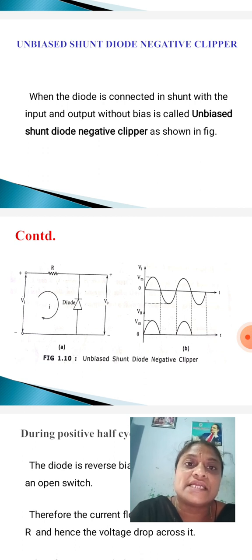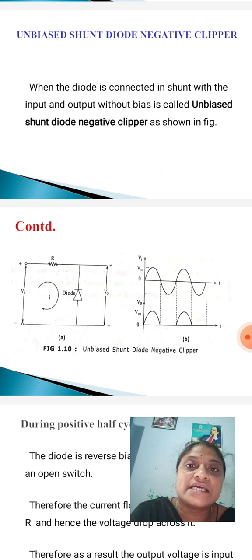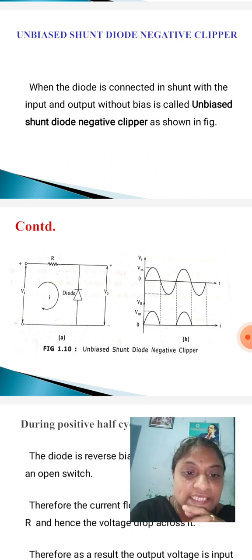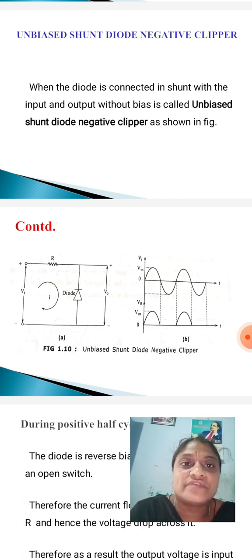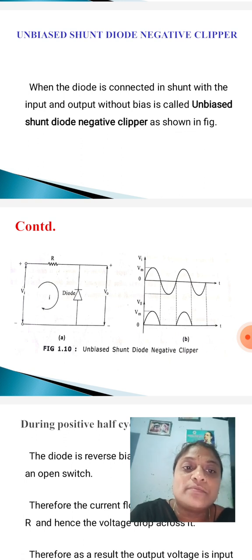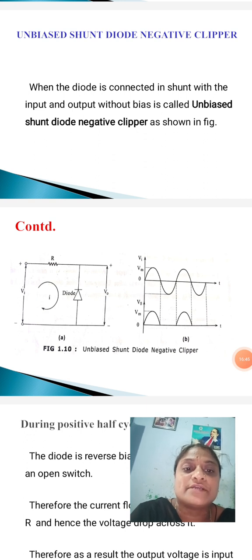When the diode is connected in shunt, which means a parallel connection with the input and output, without bias, it is called an unbiased shunt diode negative clipper. I repeat once again.